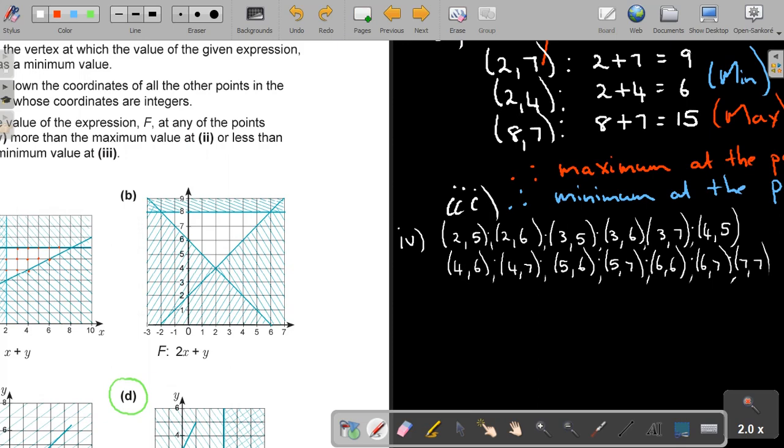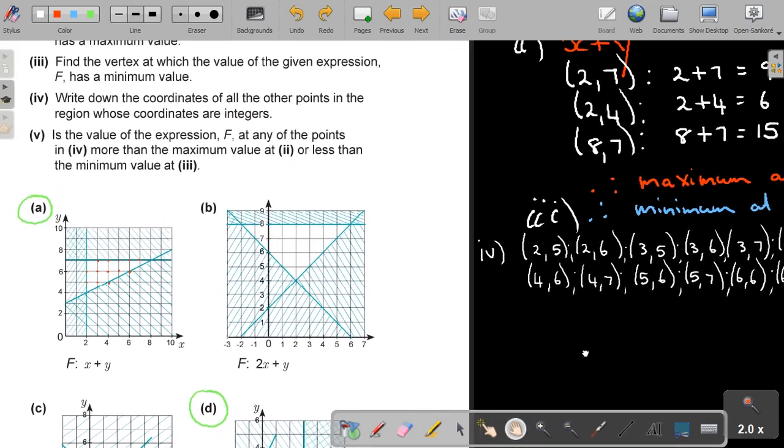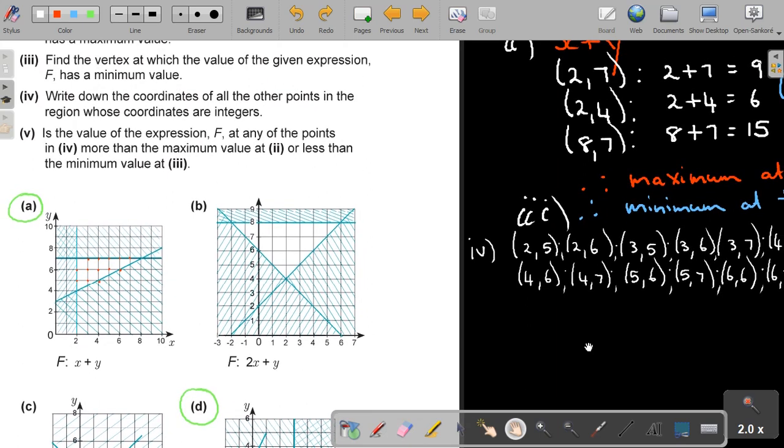Okay, then the next question. Is the value of the expression f at any of the points in the region more than the maximum or less than the minimum? So I'm just going to show it to you like this. I can just add up all the different points. Let's just see.